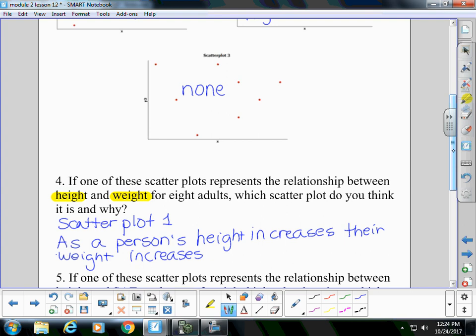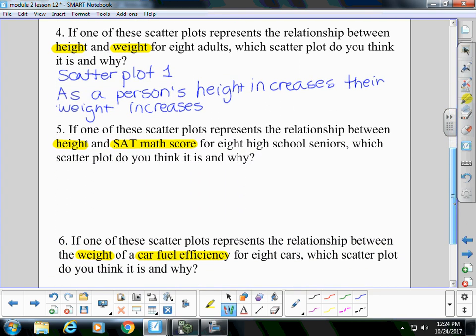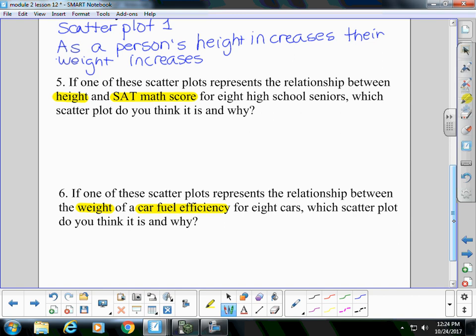Okay, so then we have the one with no relationship and then the one that's negative. Well, usually the weight of a car is going to affect the fuel efficiency negatively. So 6 is going to be the one that is scatter plot number 2. So usually as a car's weight increases, think of a little car versus a truck.